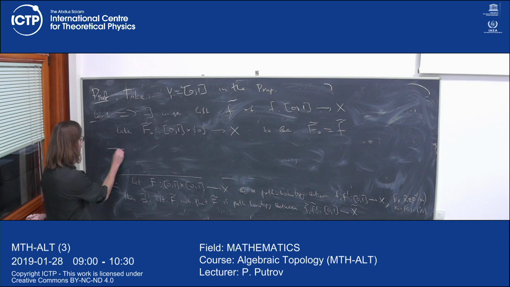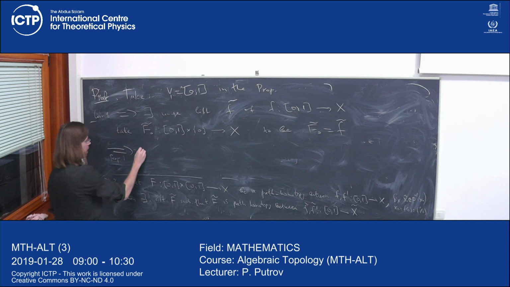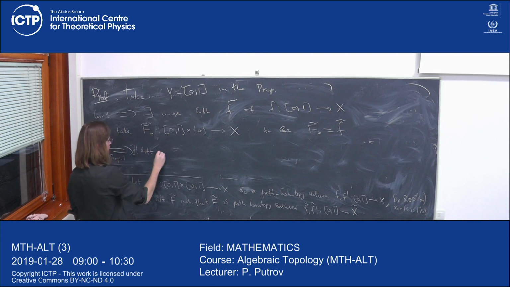So now we use the proposition. We can use proposition 1 to say that we have a unique lift F tilde.